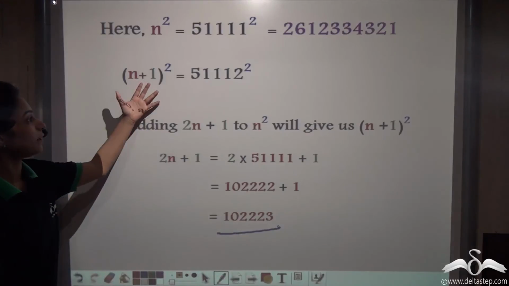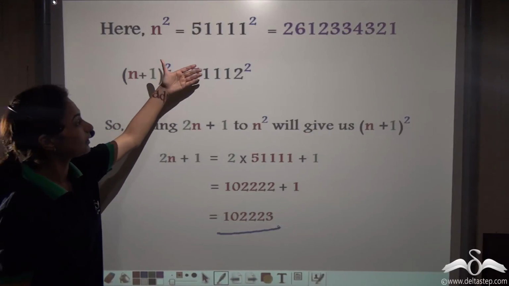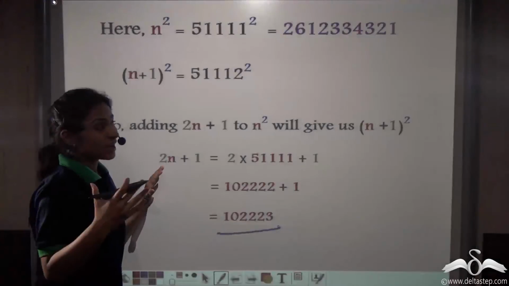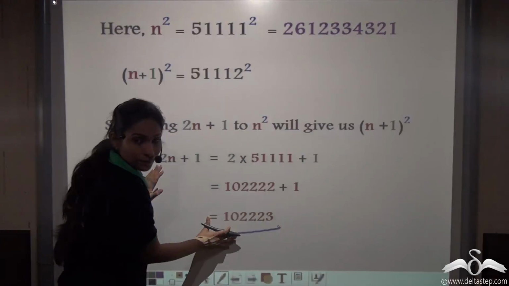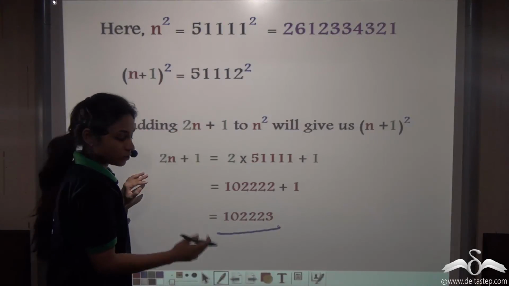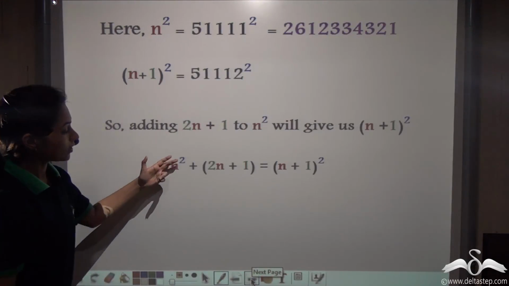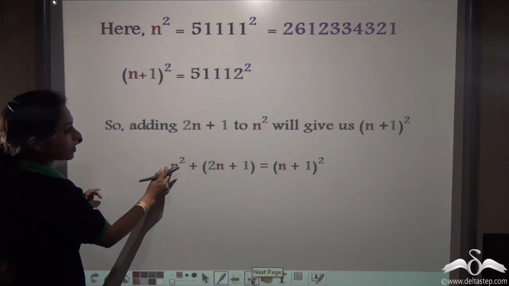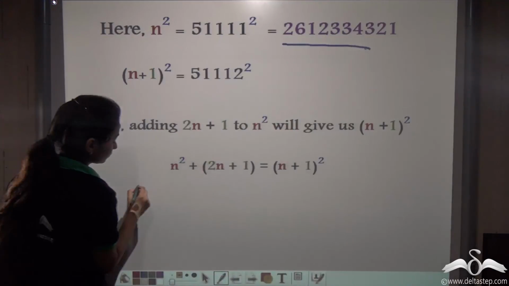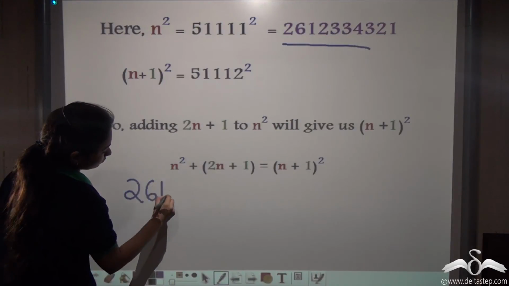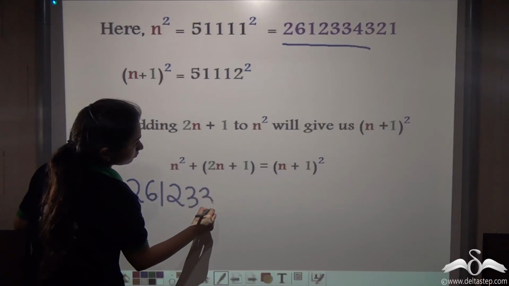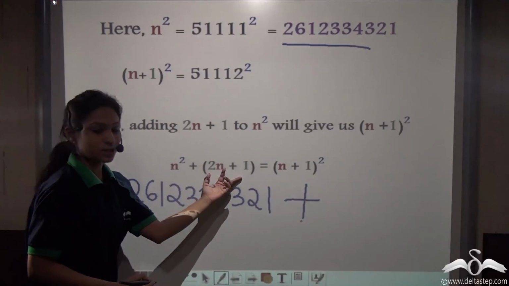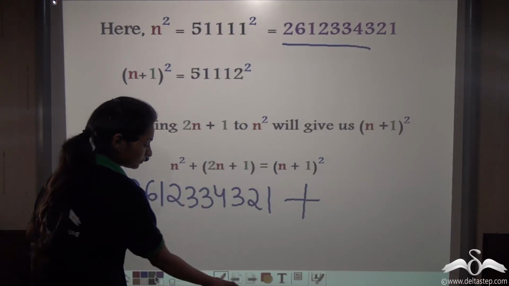And now we have to find out n plus 1 whole square. So instead of multiplying this with itself and creating such a big multiplication table, just add n square with 2n plus 1 to find out n plus 1 whole square. So n square plus 2n plus 1 will give us n plus 1 whole square. Just substitute the values. n square we get from this, plus 2n plus 1 we had already calculated.